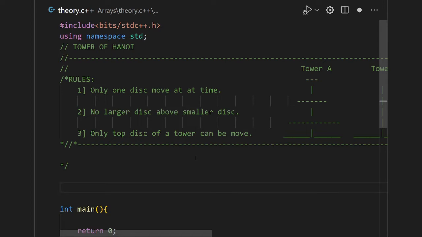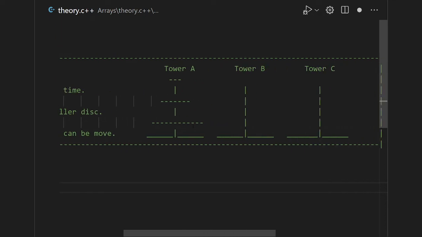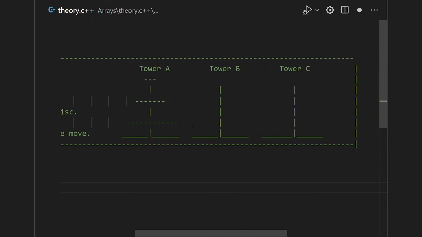But the problem is that the rules are: first, only one disc moves at a time. Second rule is that no larger disk above a smaller disk, and the last one is that only the top disk of a tower can be moved. So I somehow drew tower A, tower B, tower C. As you see on the screen there are three towers and three disks, and the topmost disk is lower in size, shape and width, so only this can be moved.